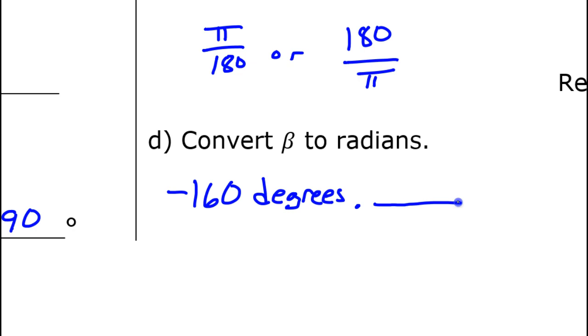I need degrees to cancel out, so I need to multiply by the version that has degrees in the bottom. So I use pi over 180 degrees. This way degrees cancels out, and I'm left with radians.